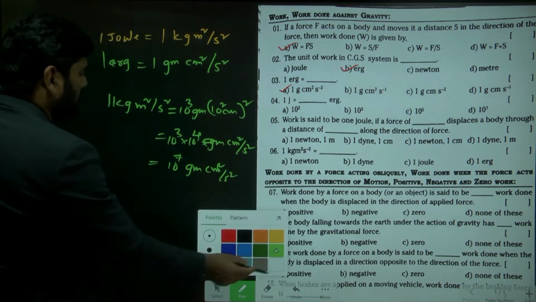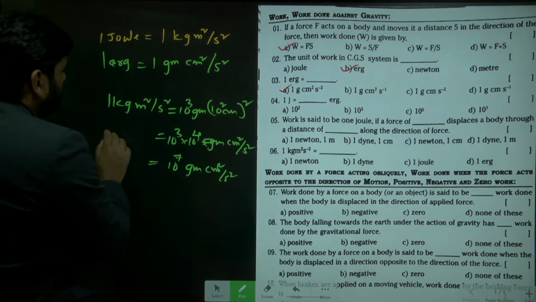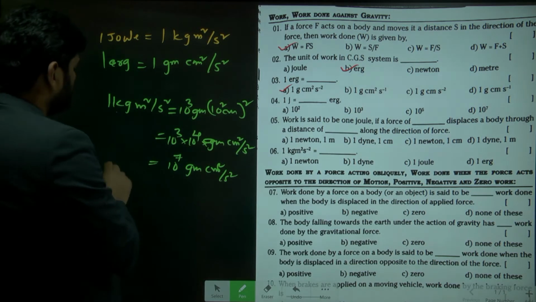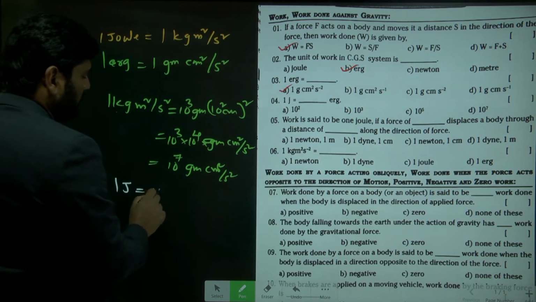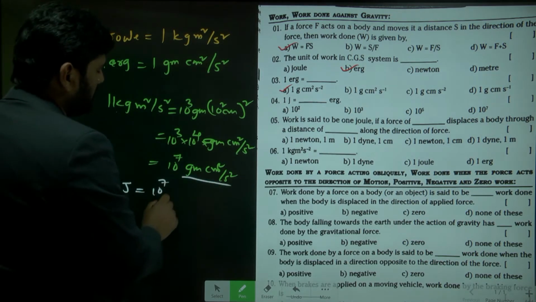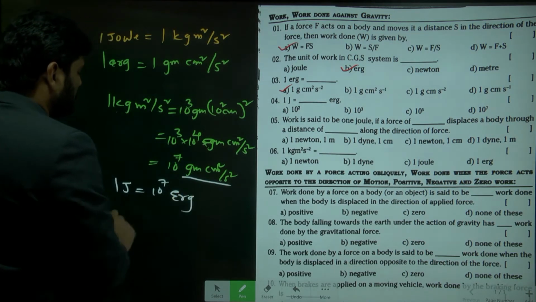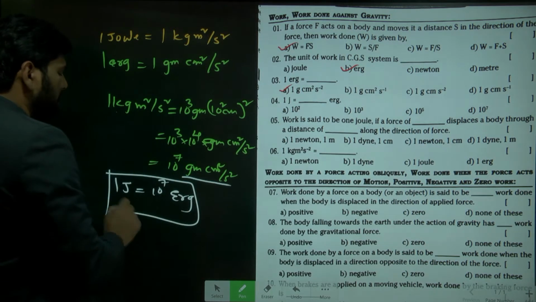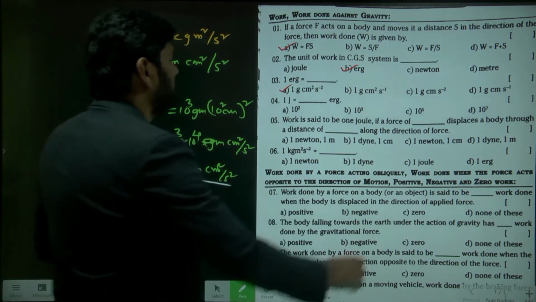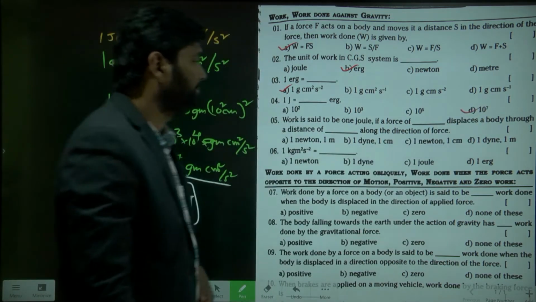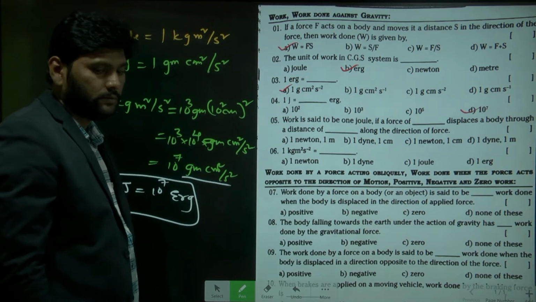So 1 joule is equal to 10 power 7 erg. So the answer is 10 power 7, that is option D. Okay?